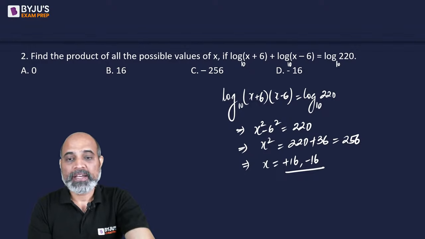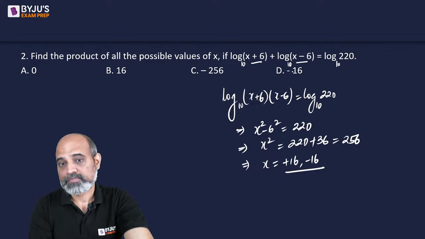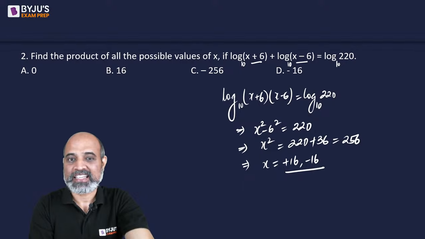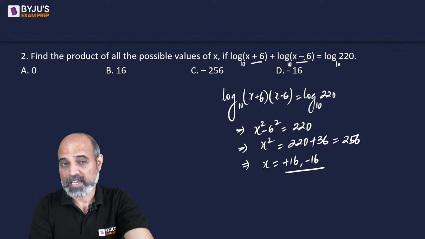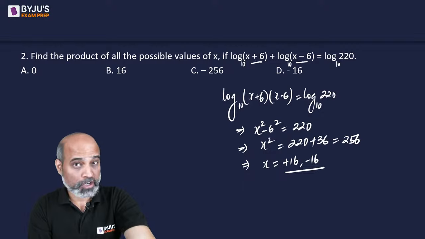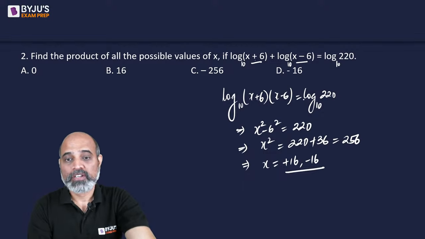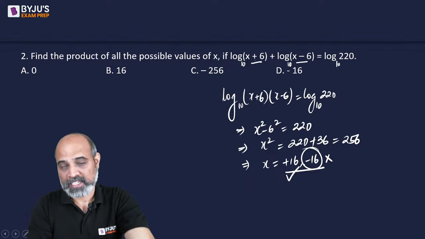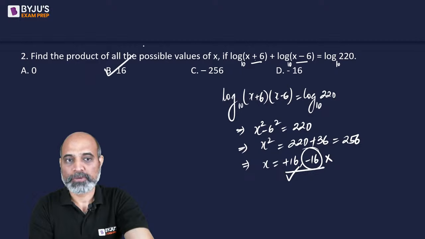So if we happen to put 16 back, this becomes 22, this becomes 10, no problem with that. If we happen to put minus 16, we get negative values, which is not possible, which is against the rule of the log. So minus 16 is not an acceptable value. So we have only one value of x that will satisfy this, which is going to be 16, right?